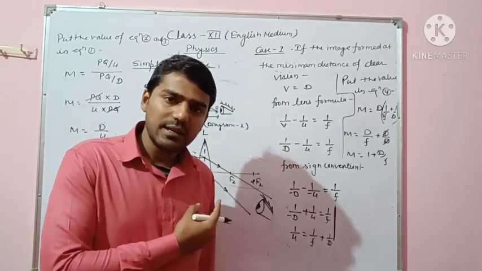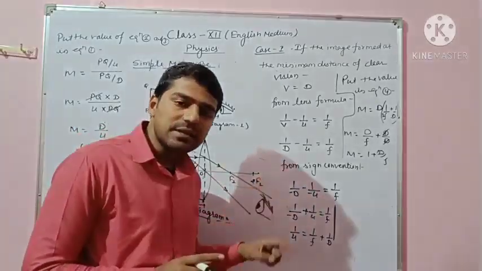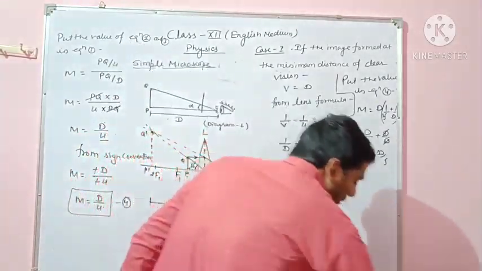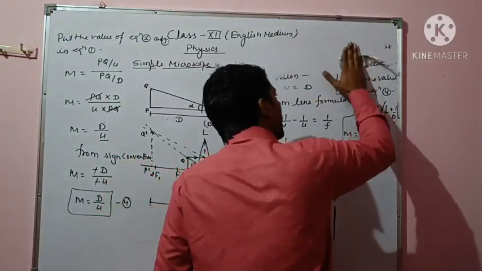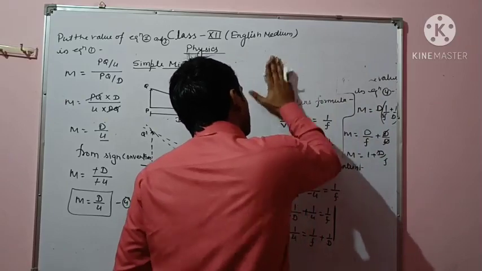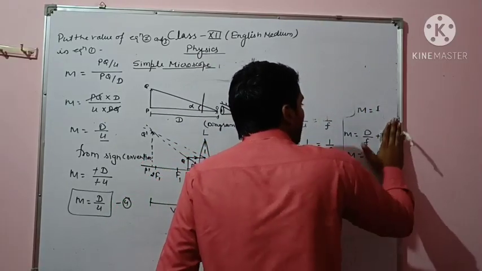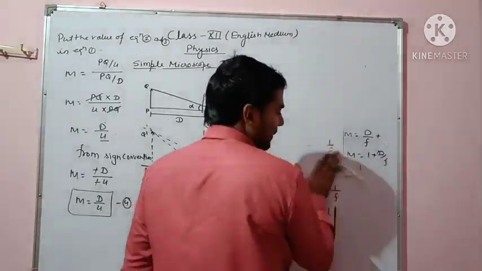This is our first case of simple microscope. After that we study our second case of simple microscope. The second case is if the image is formed at infinity.